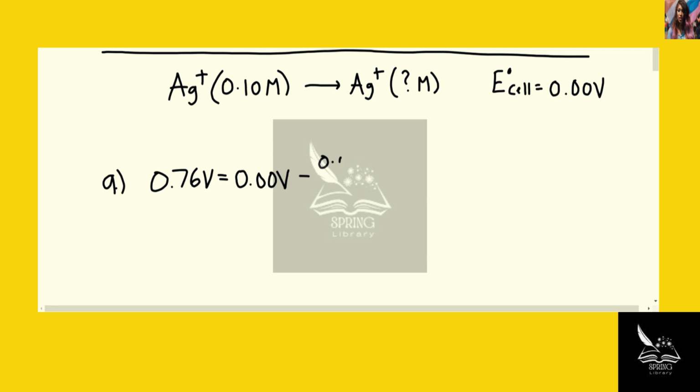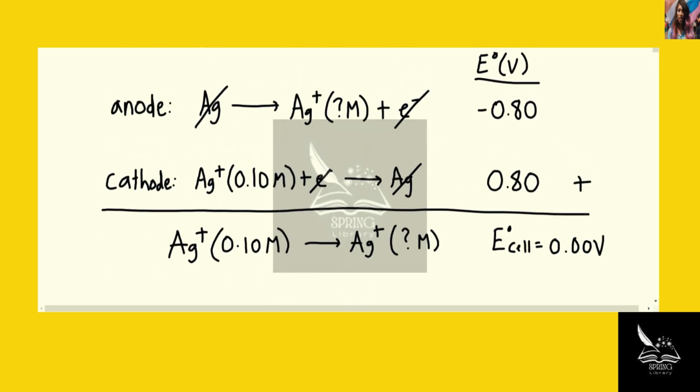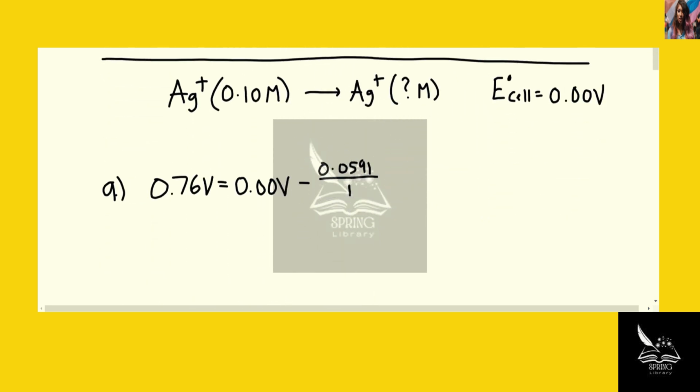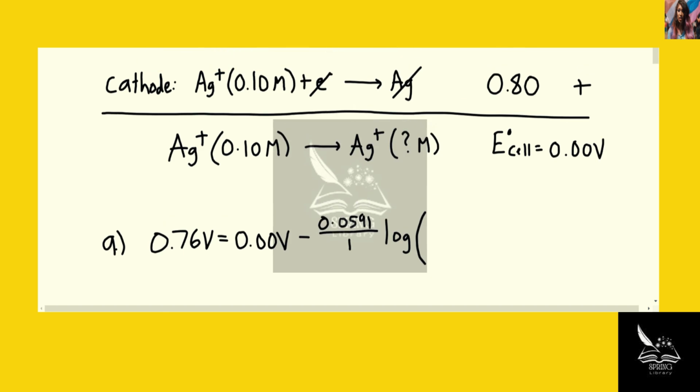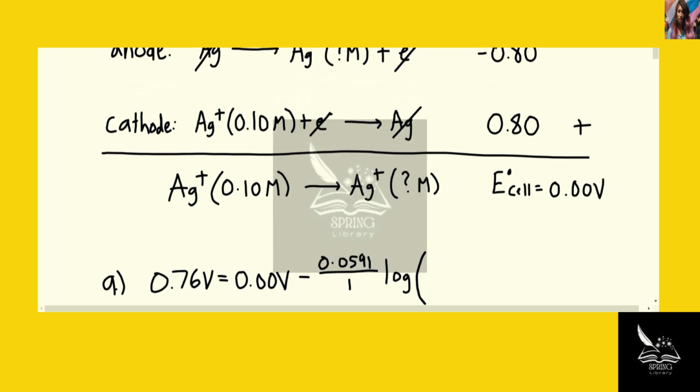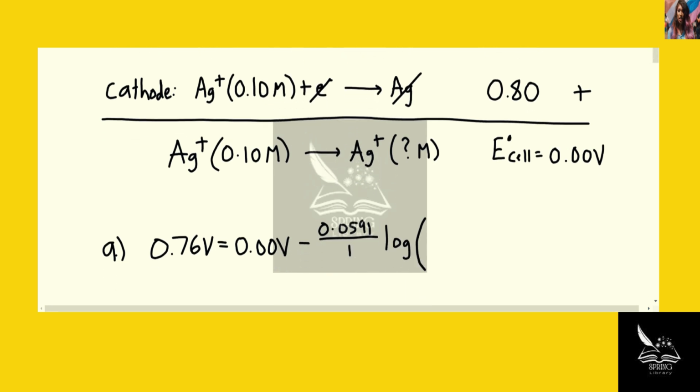We subtract 0.0591 over n, which is equal to 1 electron based on the half reaction. And then we do the log of Q. And Q is equal to the concentration of Ag+ in the cathode over the concentration of Ag+ in the anode. So that is the unknown concentration that we are solving for in the numerator divided by the given concentration in the cathode.